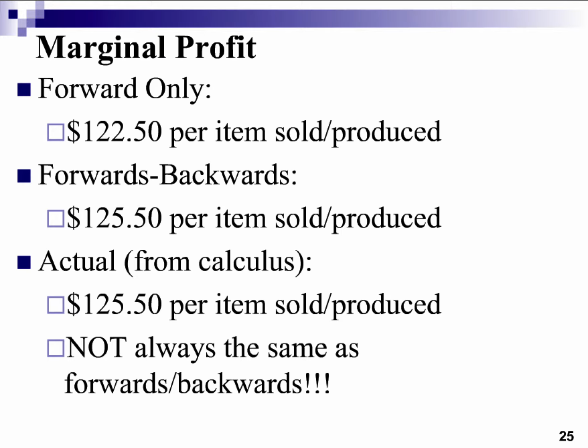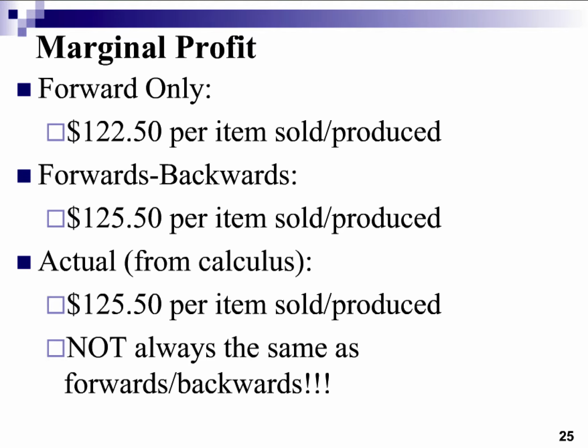So be careful here. I'm not saying that the actual value will always be the same as the forwards backwards. In this case it happened to be, but the general idea is that forwards backwards gives you a better approximation. Now keep in mind, we have to balance that with what we just said about what we mean by marginal change. In this course, starting in topic 4, when we talk about marginal change, we're going to be talking about the slope of a tangent line.